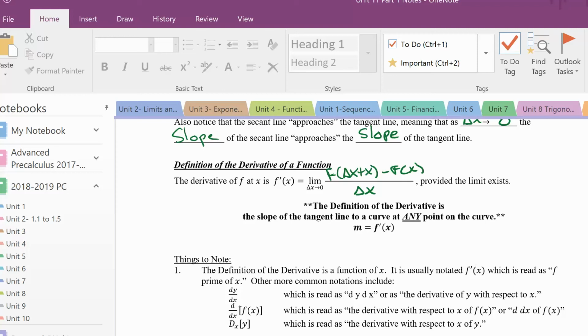You can say d dx of f of x, which is the derivative with respect to x of f of x. And then you could say the derivative with respect to x of y, which is this d sub x of y. The most common one is this first one, dy dx, besides just saying f prime of x, which is derivative.